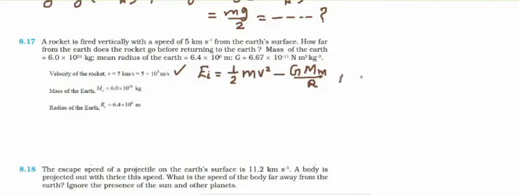Then, when the rocket reaches the maximum height, afterwards it falls down. At the highest point, it has no kinetic energy, it has only potential energy. Therefore, E final is equal to minus GMm divided by r plus h, where h is the height attained from the surface of Earth.